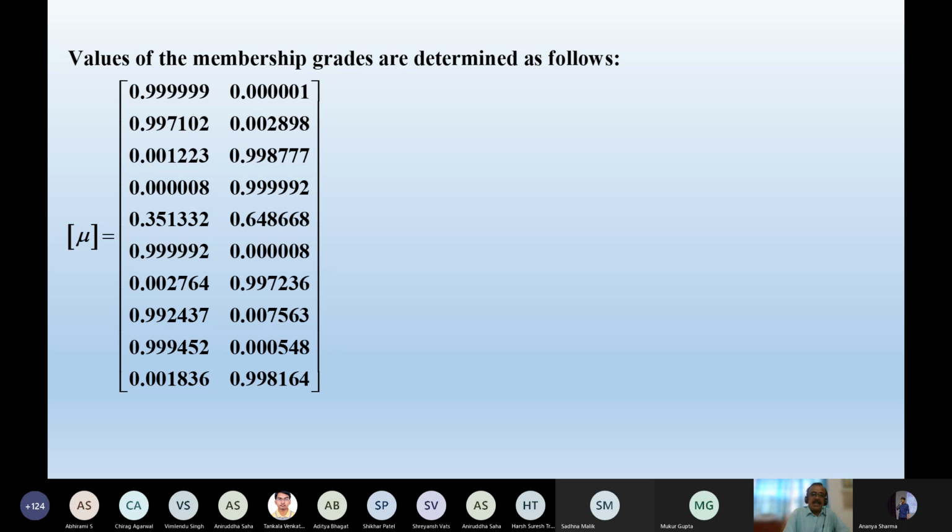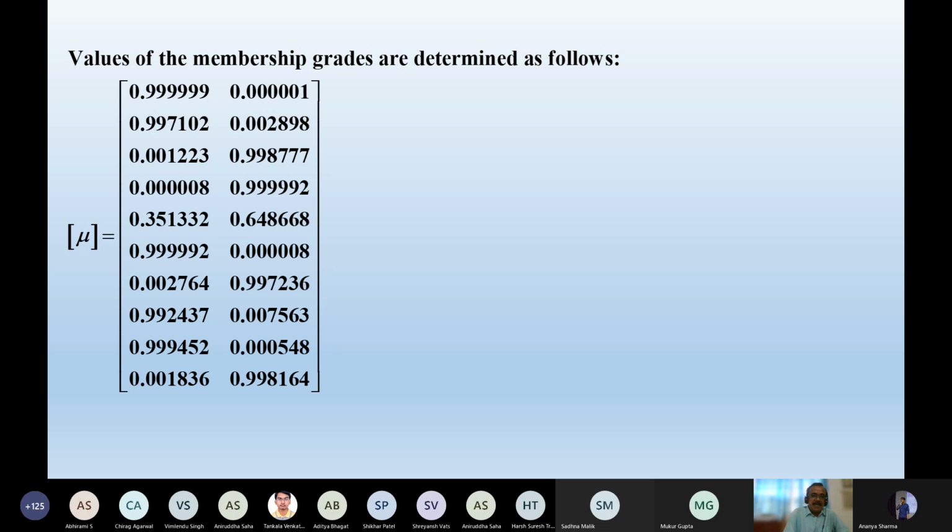Similarly, the second data point, its membership function value with the first cluster center is very high, 0.997102, and with the second cluster center is very low, 0.002898. But you see the third data point, its membership function value with the first cluster center is very low, but with the second cluster center is very high.